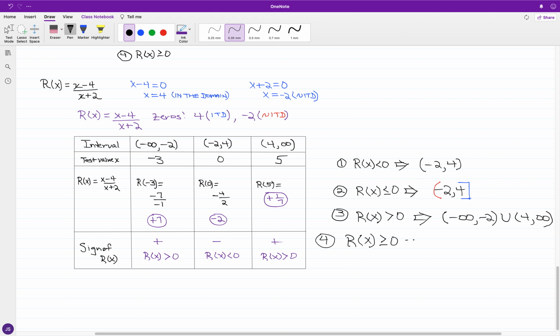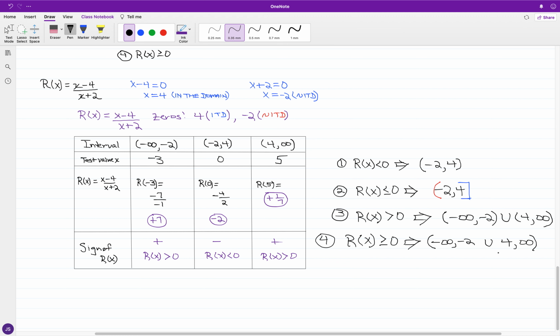And for r of x greater than or equal to 0, we're still working around negative infinity, negative 2, as well as 4 and infinity. Since the inequality is in the same direction as greater than, and infinities are boundless, we still maintain the use of parentheses.